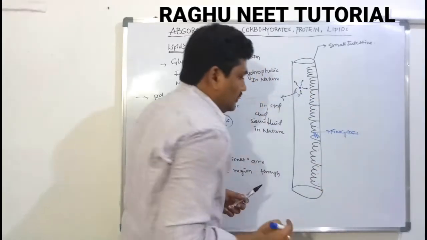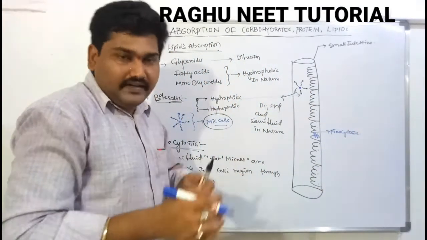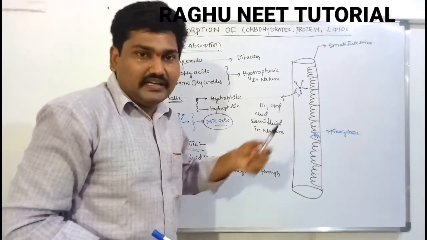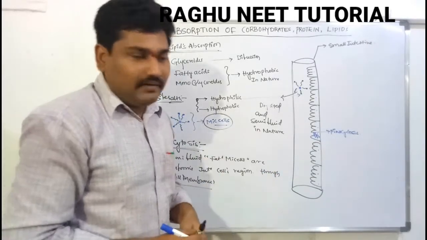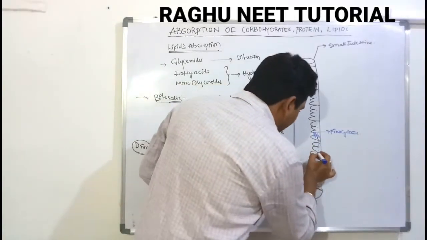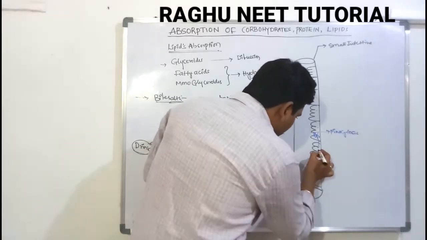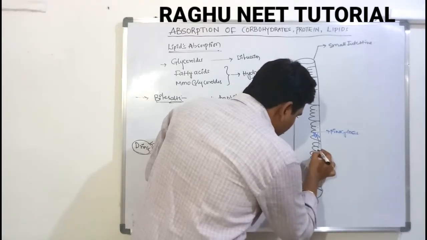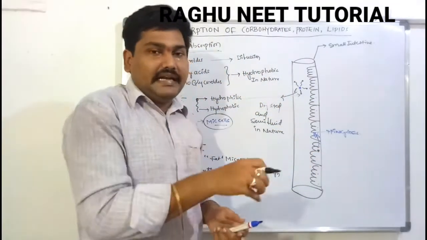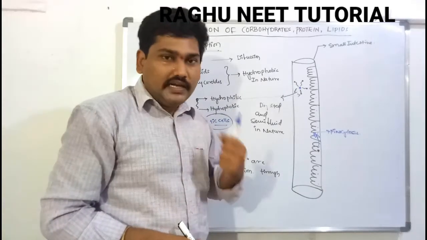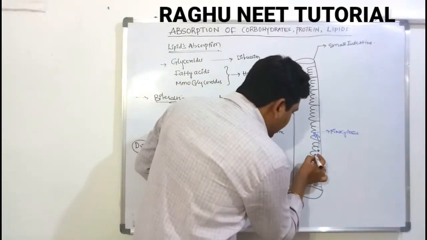After this, the bile salts are completely removed. In the cell region, the Golgi bodies are there.